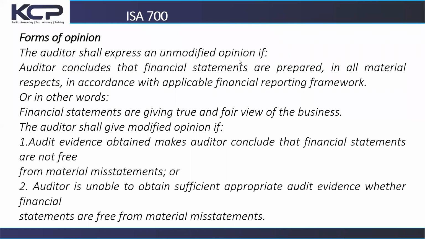All right, so what are those things that could occur before we consider modifying the opinion? One, that audit evidence obtained makes the auditor conclude that the financial statements are not free from material misstatements. Or the auditor is unable to obtain sufficient appropriate audit evidence whether the financial statements are free from material misstatements.